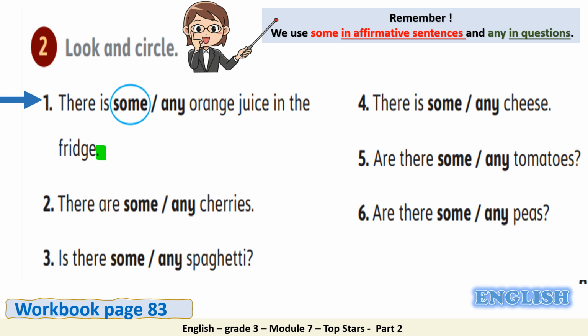There is a full stop. It means this is an affirmative sentence. That's why we have to choose some. There is some orange juice in the fridge. Now pause the video and try to answer correctly.